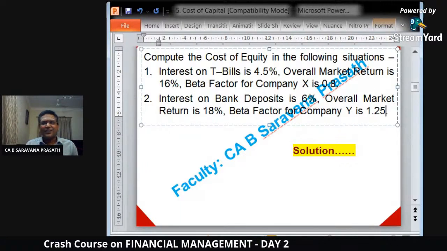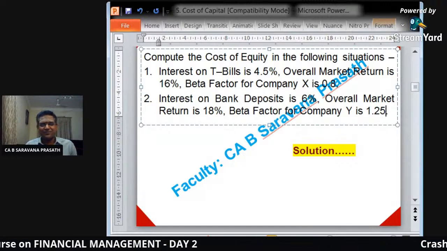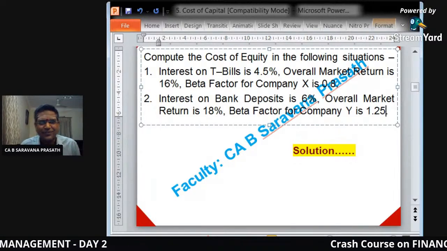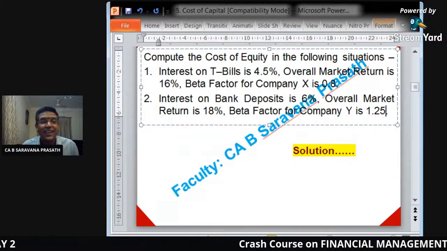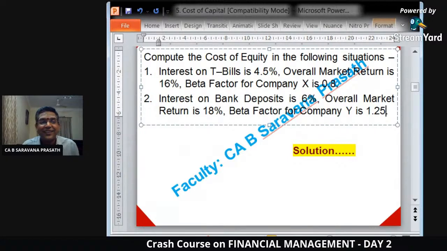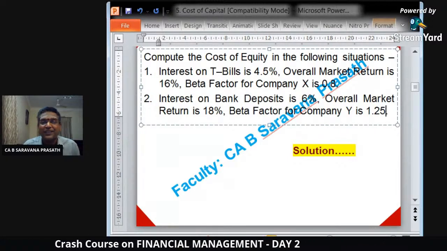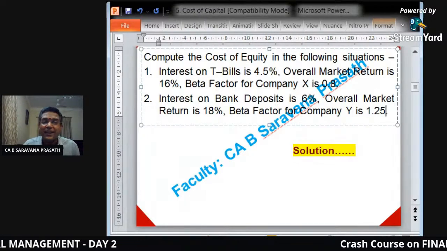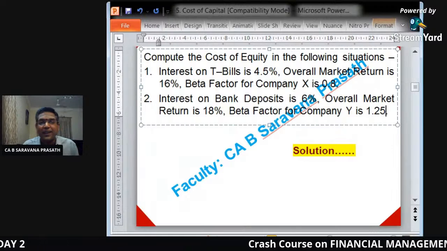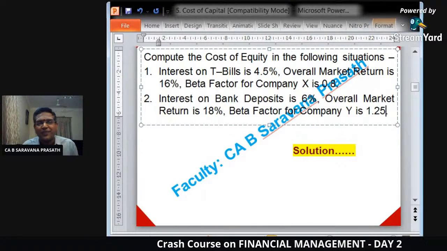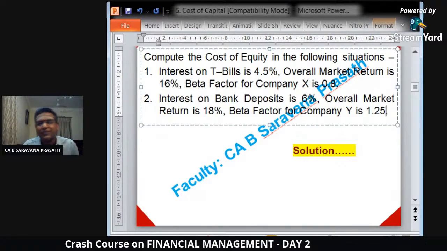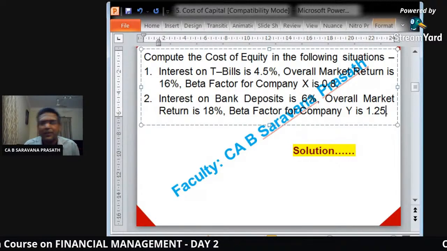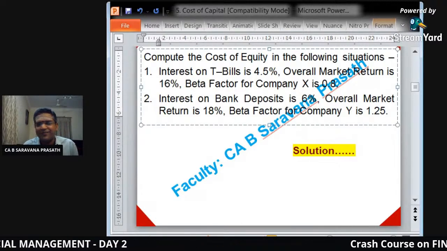The calculation is one of direct substitution. For company X, KE is equivalent to RF 4.5% plus 0.8 times beta, multiplied by 16 minus 4.5. This is for the first company, right?